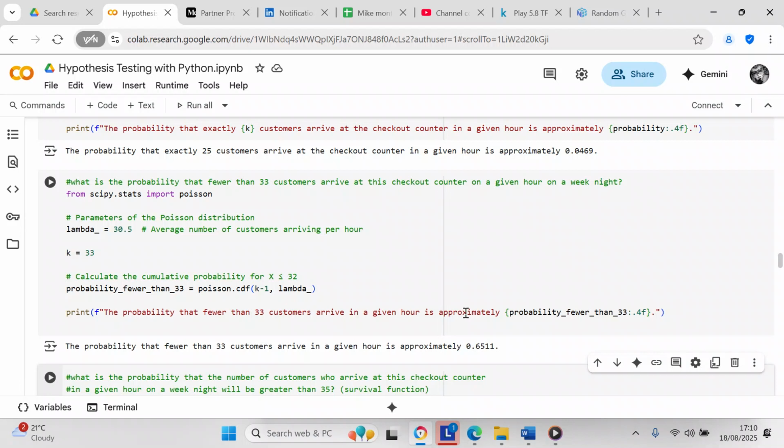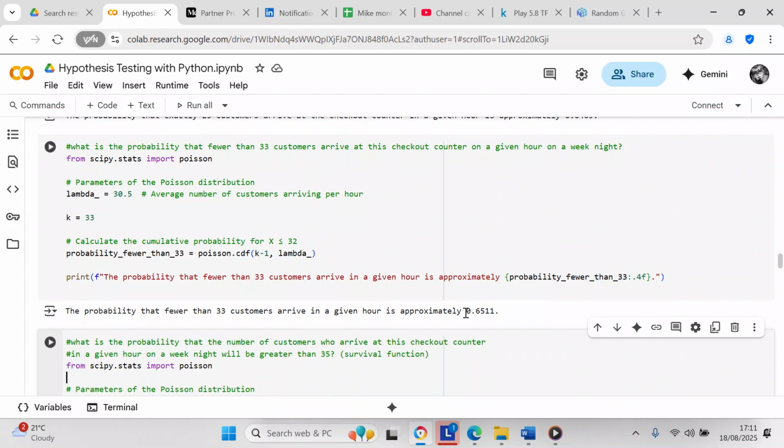Probability fewer than 33 equals Poisson.cdf, and CDF is the cumulative distribution function, with k minus 1, that's 32, comma, lambda is 30.5. And then we're going to print the probability that fewer than 33 customers arrive in a given hour, which is approximately 65.11%.